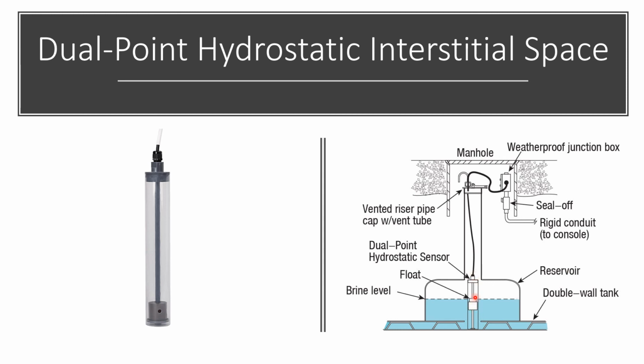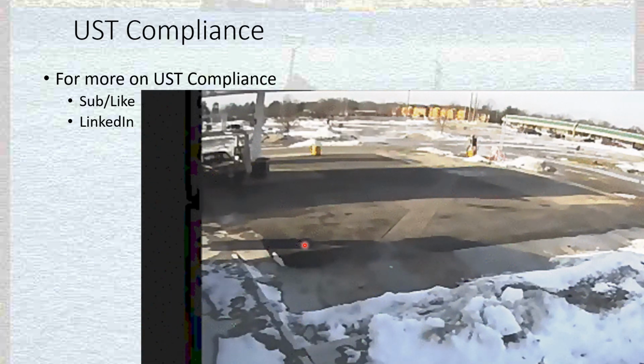So if the liquid level gets too high, it'll go into alarm. If the liquid level gets too low, it'll go into alarm. So with the single system, you may not get the alarms you need whenever it drops to a certain point, or it goes too high. I may have said that wrong, but you get the idea.